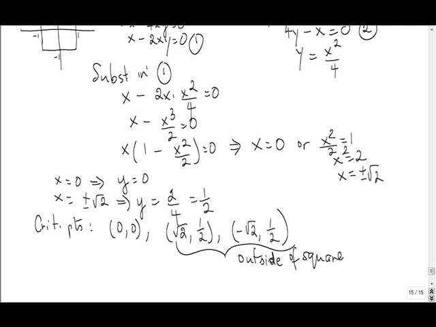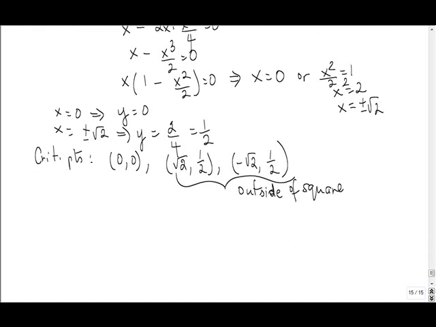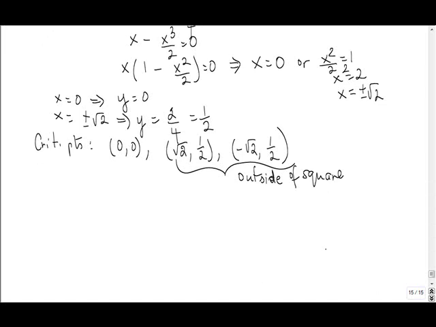Boundaries now. I think I'm going to run out of space again. Boundaries. So let's take x equals 1. Put it into the function. We have that f of y equals 1 plus 4y squared minus 2y plus 4.